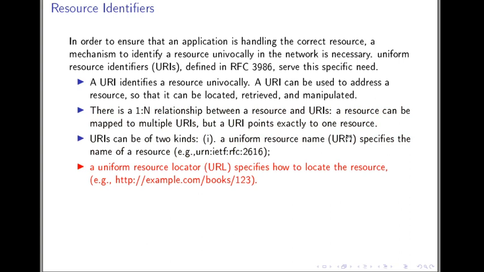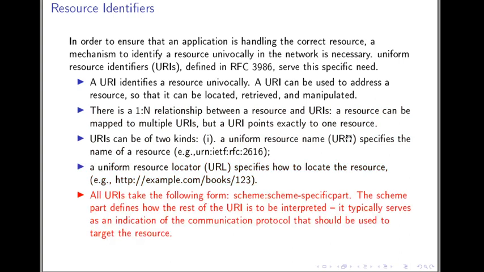The URL is the more important, popular one. A URL takes the format of a scheme followed by a scheme specific part. The scheme part defines how the rest of the URL is to be interpreted.